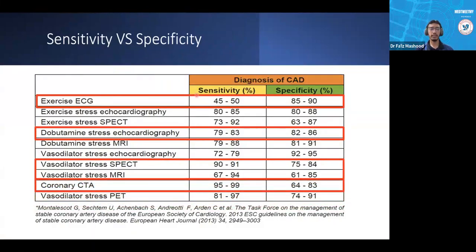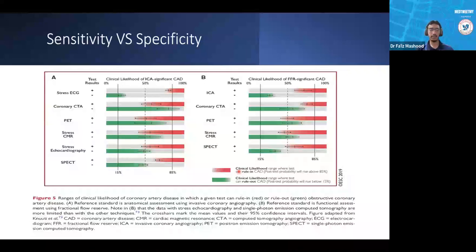CTCA is very good to rule out CAD. The sensitivity is almost 100%. So if CTCA reports no normal coronary arteries or very mild plaque disease, it is almost always conclusive.